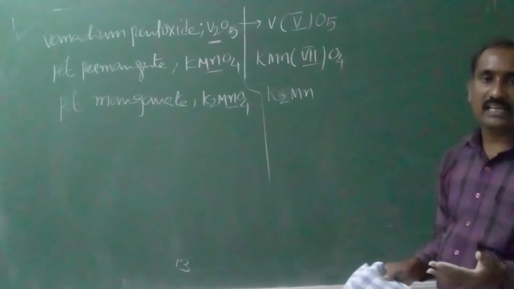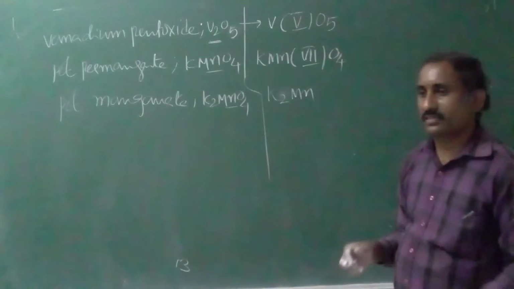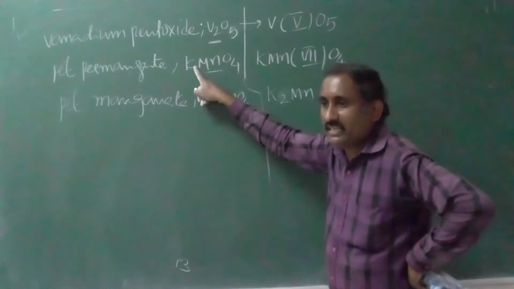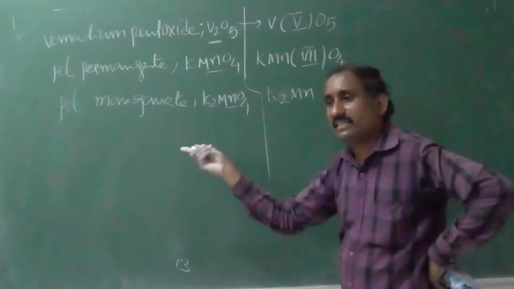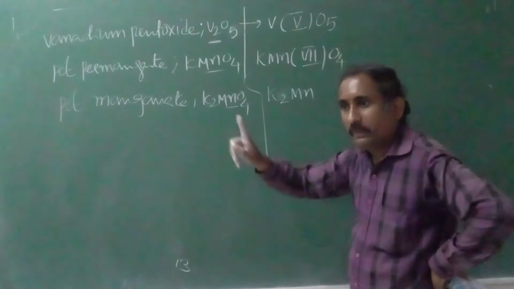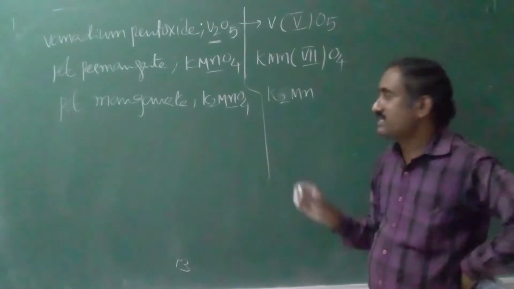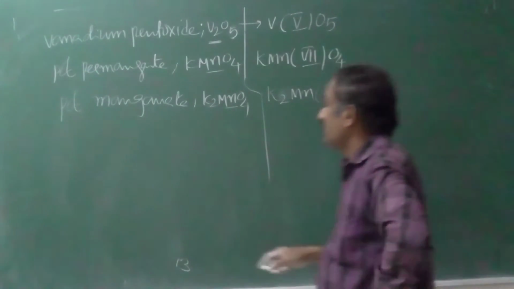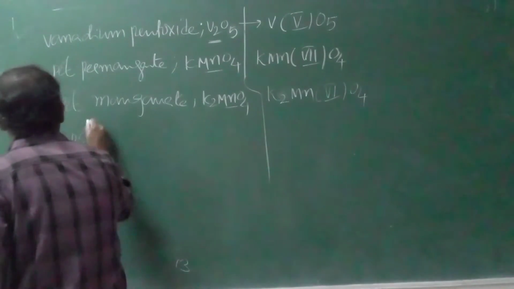So many examples we have calculated that just by glance you can tell the answer. How by glance? Here -8 plus 1 is -7, goes to the right side as +7. Here just by glance -8 plus 2 is -6, goes to the right-hand side as +6. K2Mn(VI)O4.